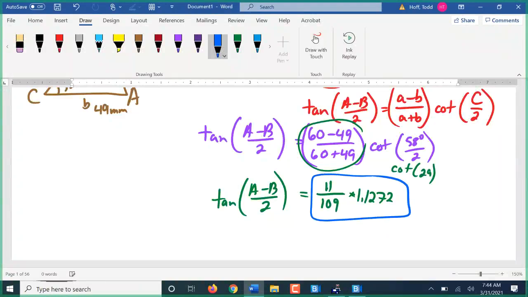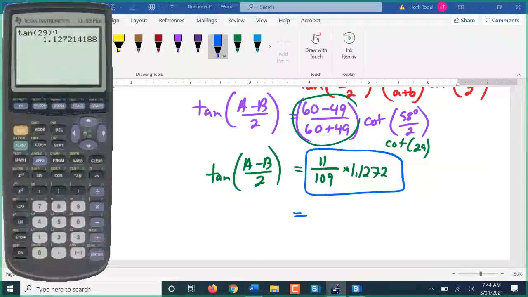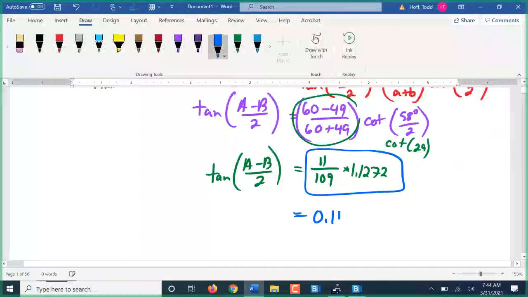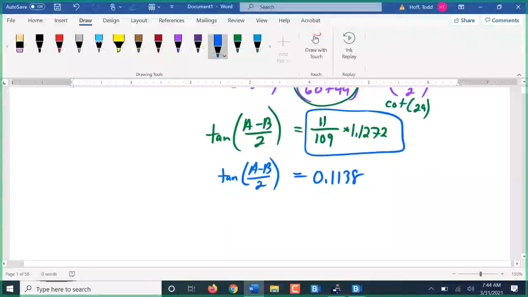I'm going to multiply this whole thing together, the 11 over 109. Notice I'm going to leave that 1.127 in my calculator. I'm just going to multiply by 11 divided by 109. Gives me 0.1138. Again, I'm leaving that in my calculator. I'm not clearing it out. Tangent of (A minus B) over 2 equals that.